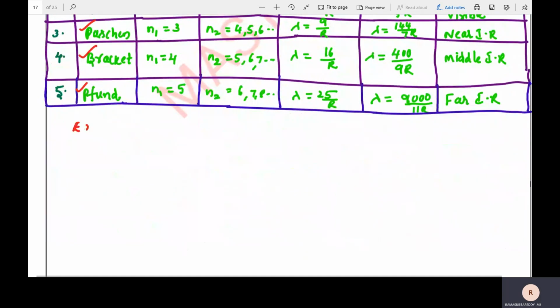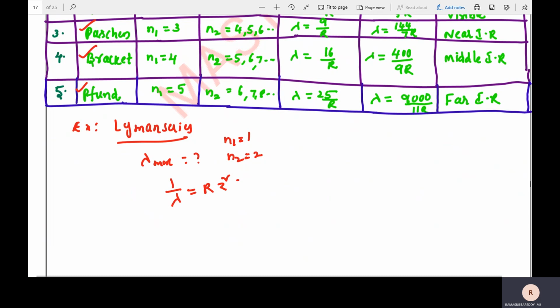We'll take one series, the Lyman series. In order to get lambda maximum, our n1 is 1, our n2 is 2. Then lambda max we need to find. What is the formula? 1 by lambda is equal to R Z square into 1 by n1 square minus 1 by n2 square.